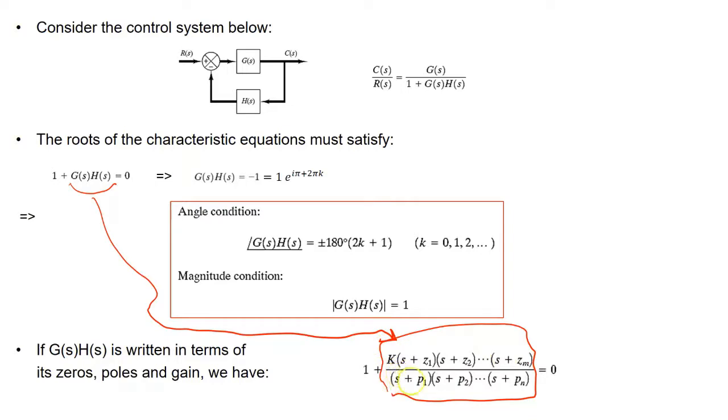In the denominator you have a bunch of poles from P1 all the way to Pn. So Z's are the zeros of the transfer function, P's are the poles of the transfer function, of course with a negative sign, and K is the gain of interest, the one that we want to tune.